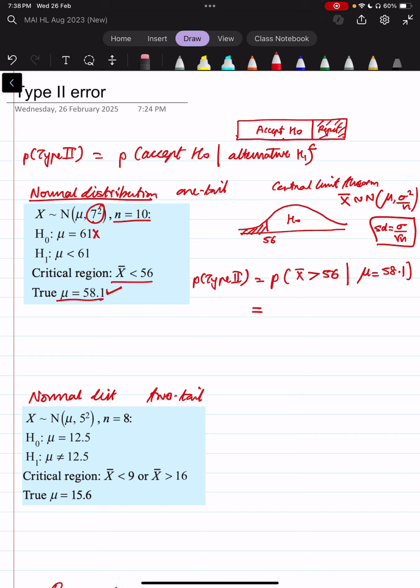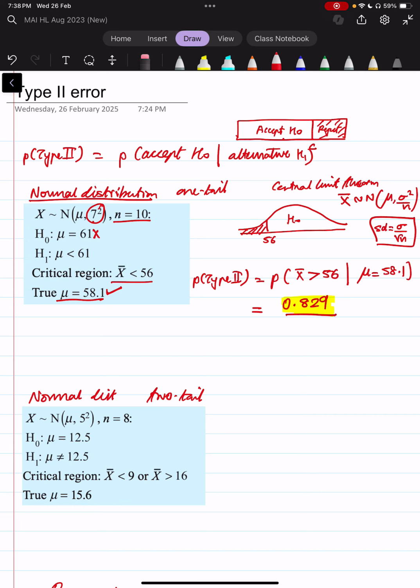Root n is root 10, since your sample size is 10. Correct? And your mean is 58.1. I have to use the true mean. So find that out: 0.829. That's your probability of making a type 2 error. That's what you need to remember.